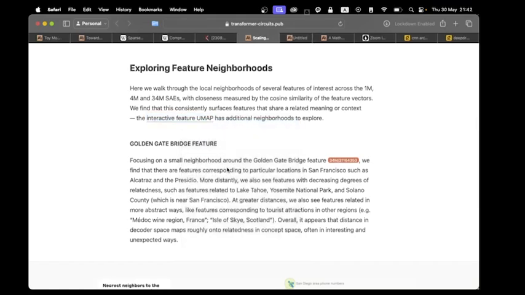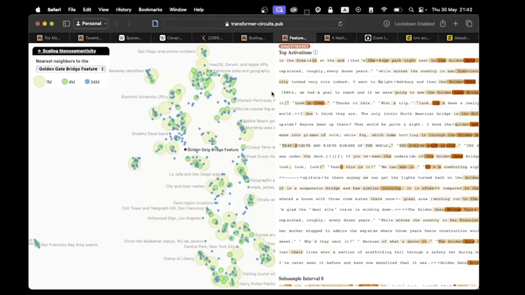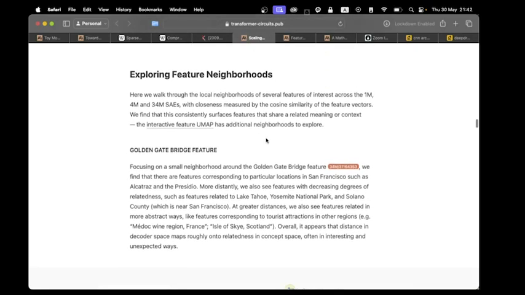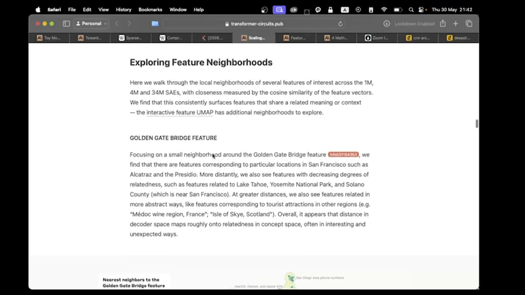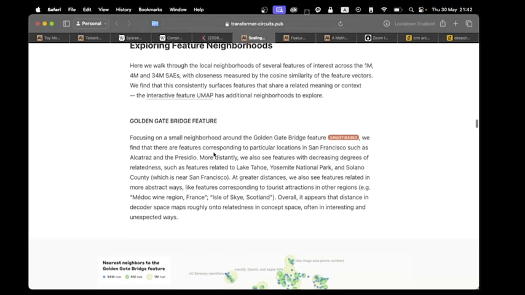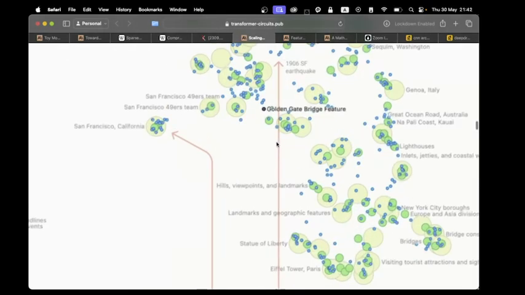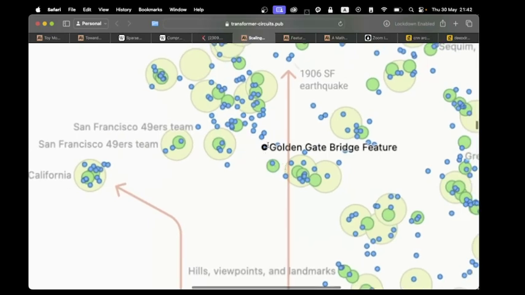I think I kind of failed. Also, we have an interactive map. Two things I failed to say. One is that this was the neighborhood of Golden Gate, as we did center the map on Golden Gate.